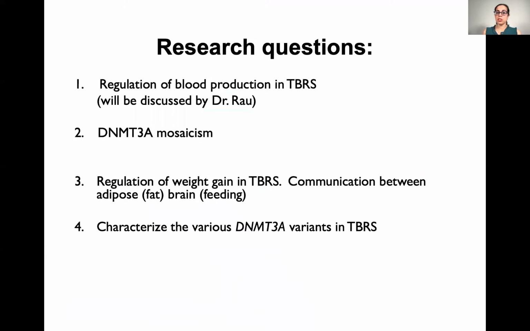So our research questions, the topics I'm going to cover today, are: how is blood production changing? As I told you in the beginning, we know a lot about somatic mutations and how they impact blood development in aging and in cancer, but we don't really know what it means when you're born with the DNMT3A mutation very early and how it affects blood production.